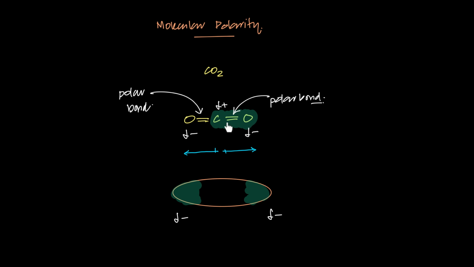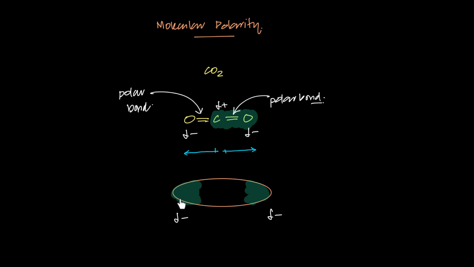This is because this oxygen pulled electrons away from carbon and so did this one. In the end, these two are fighting for electrons from carbon. So this side of the molecule has a polar bond and this side of the molecule has a polar bond. Here, this oval represents the overall cloud of this CO2.